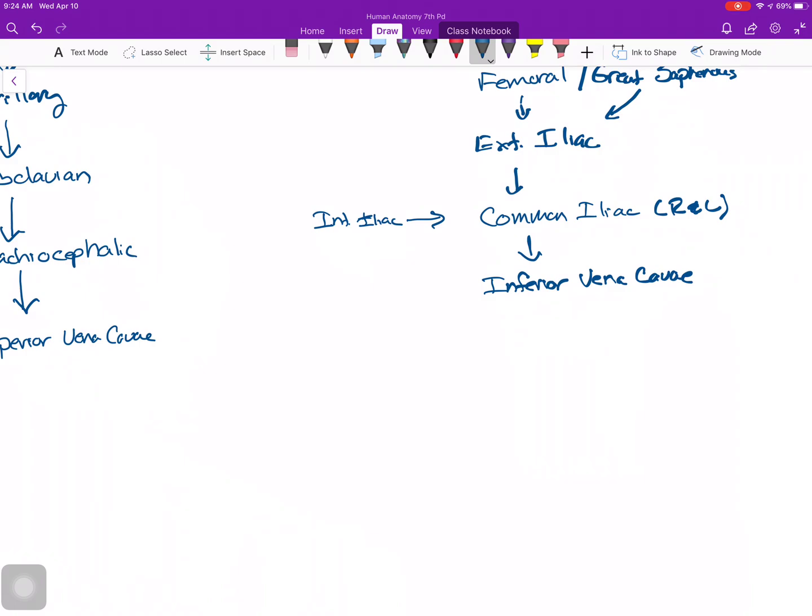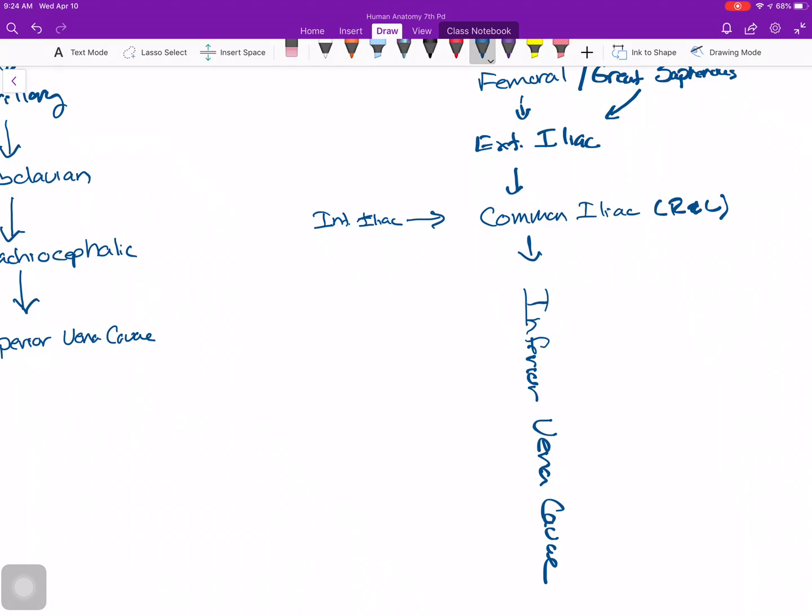And at this point, what empties into the inferior vena cava? I guess the best way to do this would be, let's go back and erase this and add it this way. Inferior vena cava. All right, so what empties into the inferior vena cava coming back?